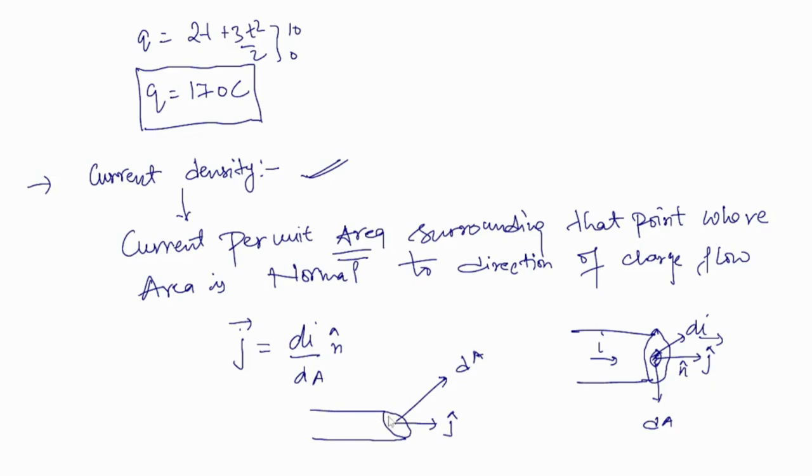So you need to take the perpendicular area, and this angle is theta. Then the area will be dA cos theta, which you can call dA dash. You can define j as di upon dA dash, or di upon dA cos theta. This is the area which is perpendicular to it.